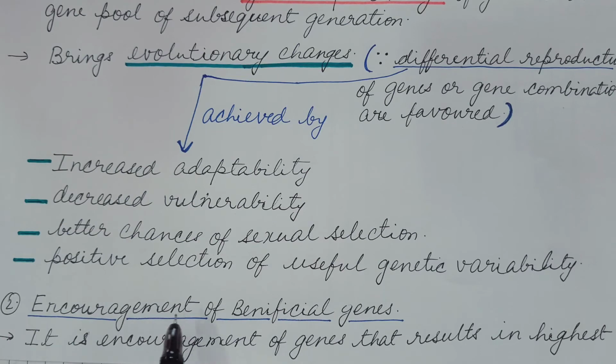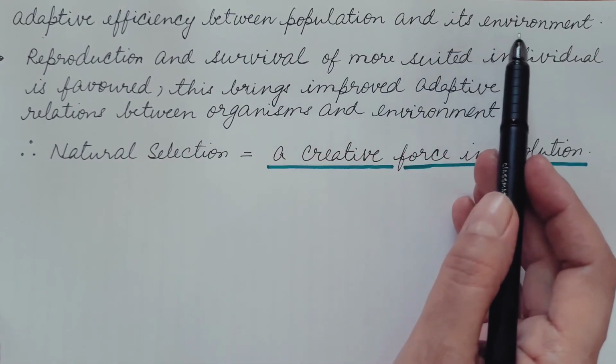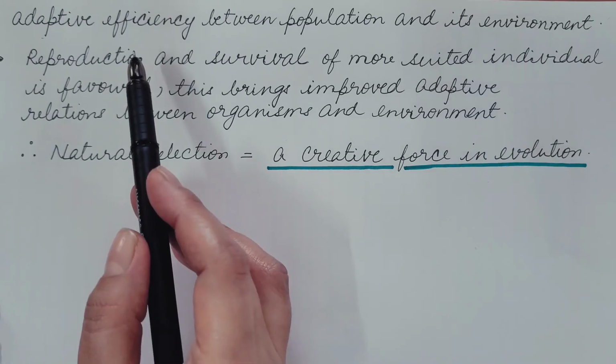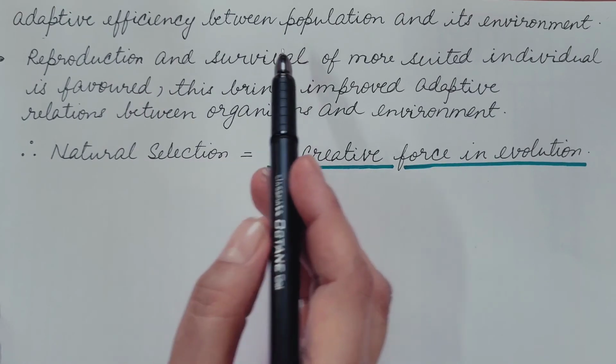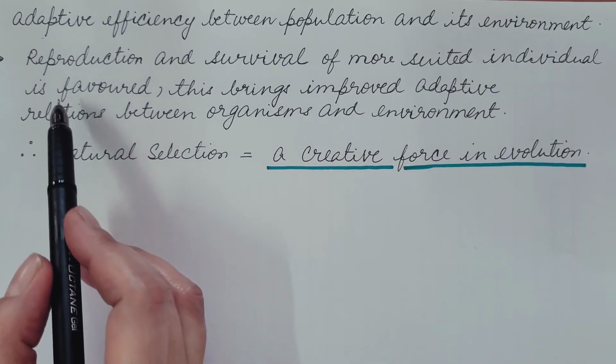Second is encouragement of beneficial genes. Natural selection encourages genes that result in the highest adaptive efficiency between a population and its environment. That means it encourages those genes which make the population better adapted to its environment.